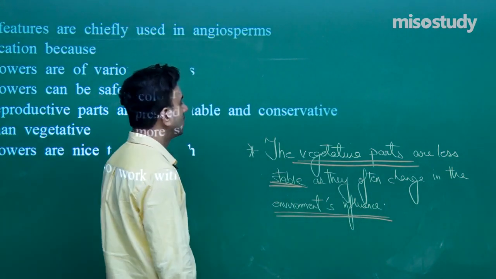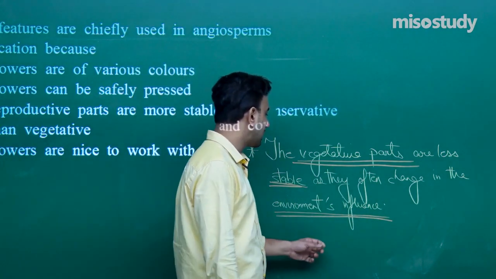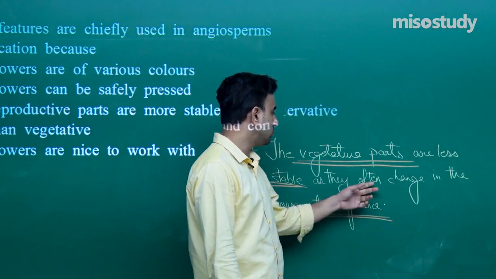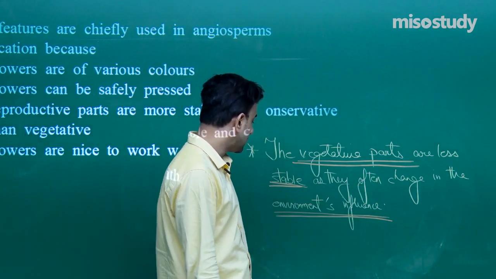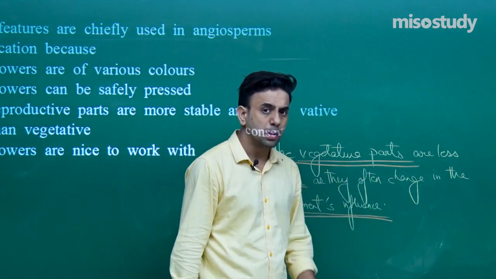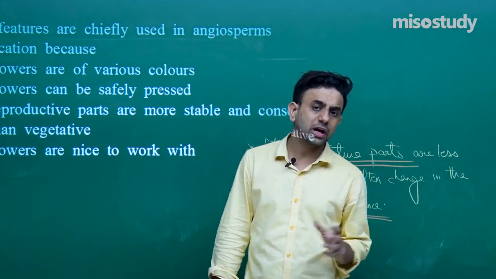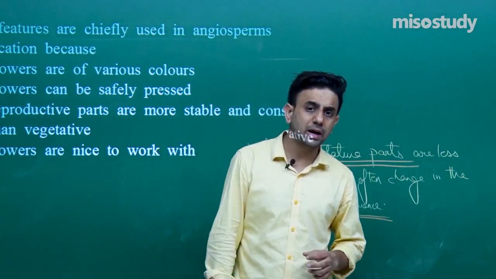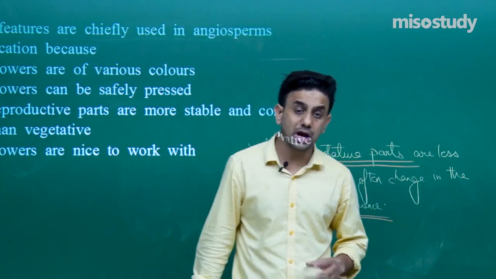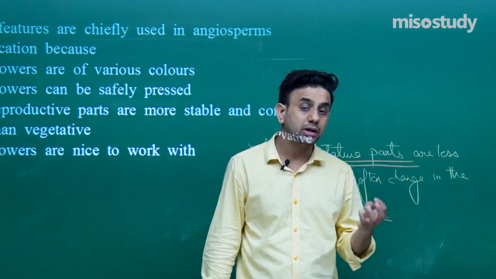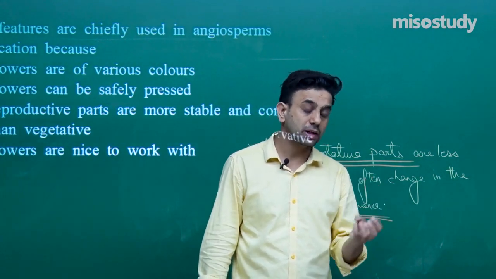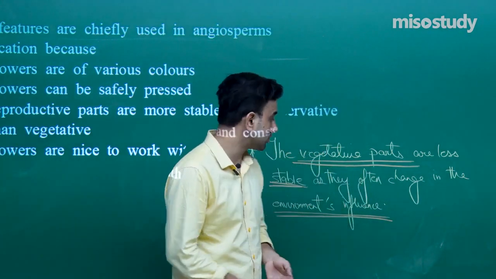The vegetative parts are less stable as they often change under the environment's influence, but the reproductive part is stable. What is the reproductive part of a plant? The flower, the floral features. And in the flower, the reproductive parts are the male and the female, that is the androecium and the gynoecium.